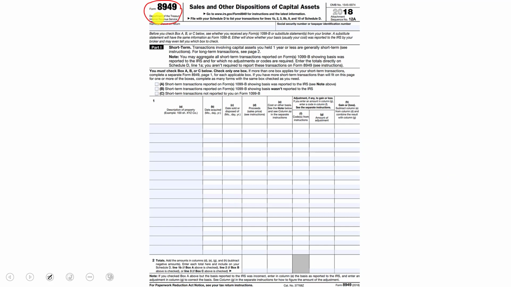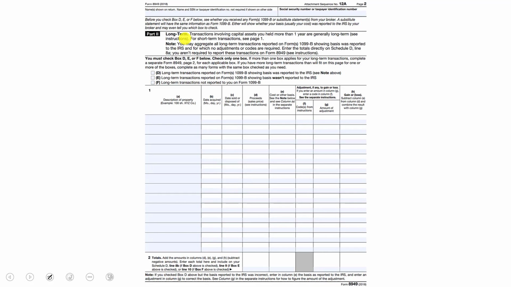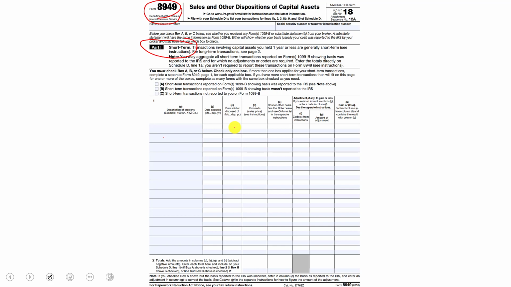Okay, 8949. This first page is short term, and you flip over to the back side, it's long term. It's kind of a mirror image of the first and second page. So you have detailed lines here for each transaction.